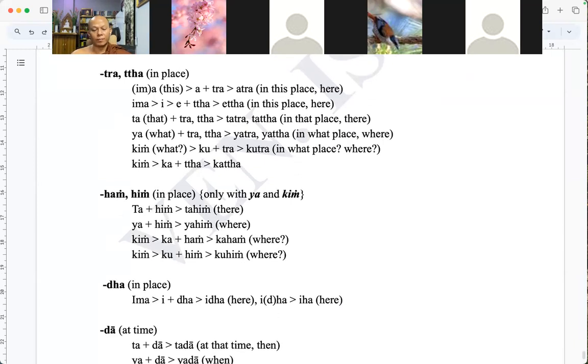And for kiṃ, Bante, when we make questions, kiṃ means the question mark. We also recognize that it sometimes starts with ka or with ku, plus the suffix. So when we look at the suffix that goes together with kiṃ, specifically the suffix relating to place, kiṃ will be changed into ku. Is that the clue, Bante?